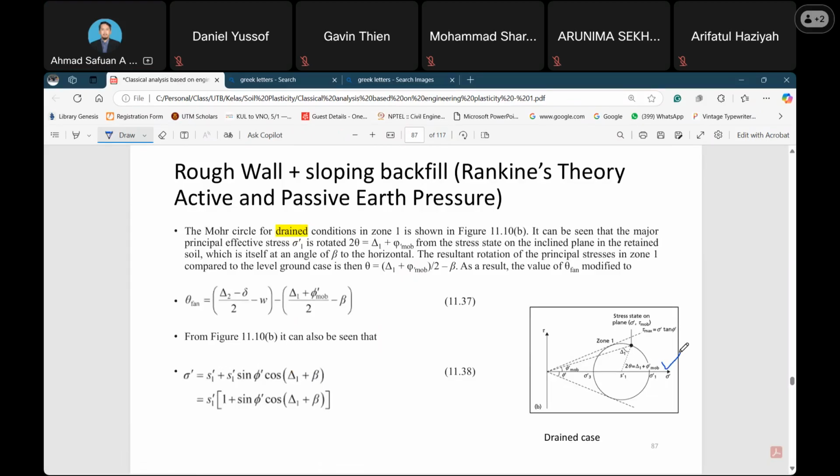From the stress on the inclined plane in the retained soil, which is set at the angle of beta to the horizontal, the rotation of the principal stress in zone 1 compared to the level ground is then theta equal to delta 1 plus phi mobilized over 2 minus beta.